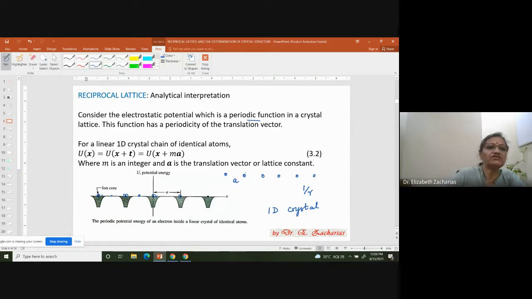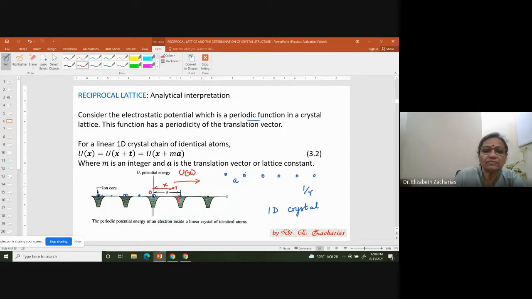The potential energy will be a function of x because this line is the x-axis. So if I say this is my origin, at some x, I know that the potential energy is this.